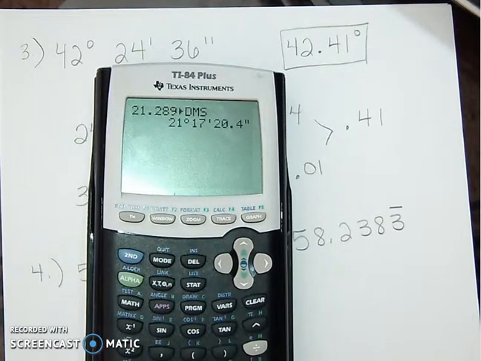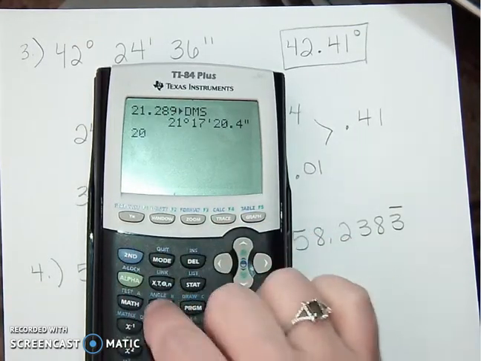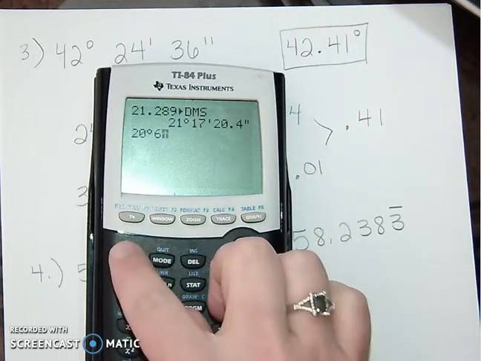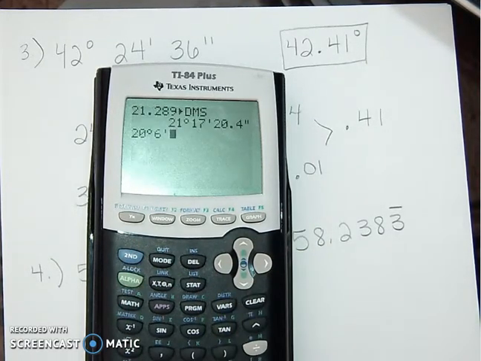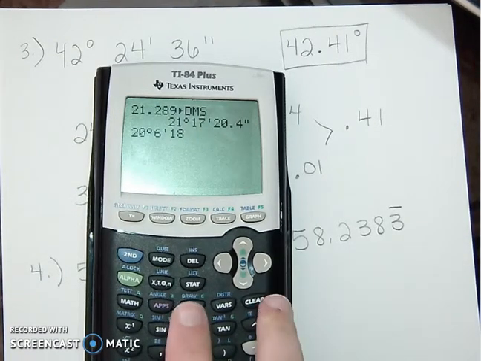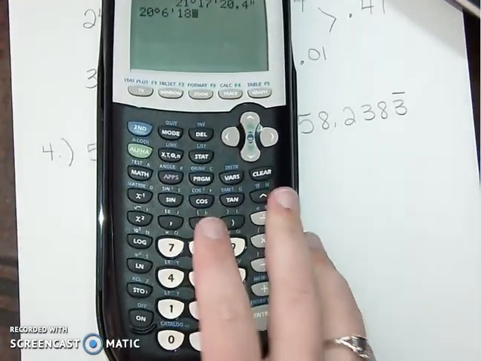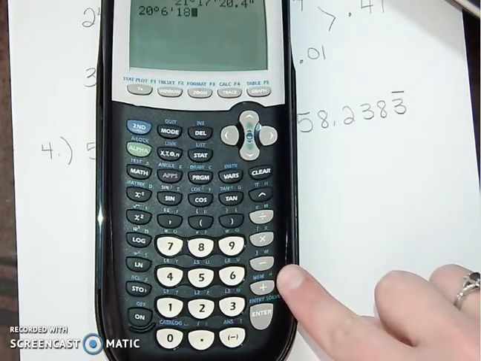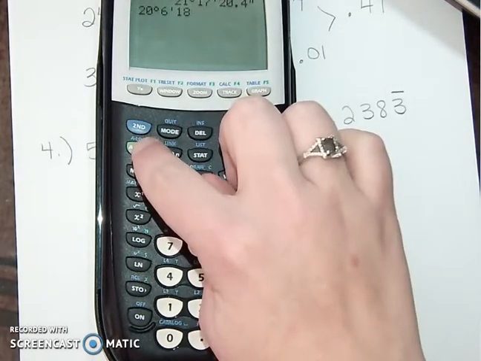So let's do another problem. What if we do 20 second-angle degrees, 6 second-angle seconds, and then 18 minutes, and then 18 seconds. If you look down here at your plus button, in green is your seconds. Because it's green, you have to hit alpha.